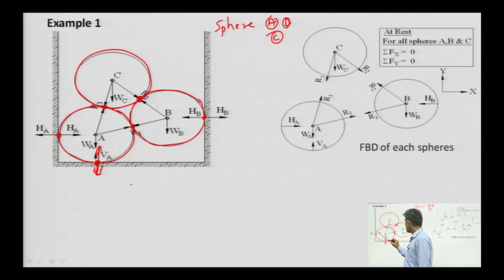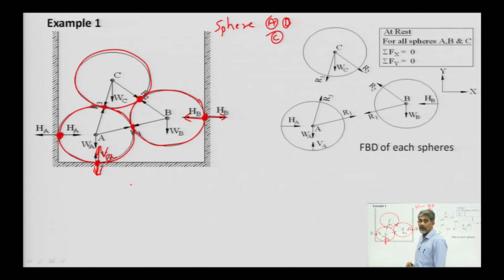If this point is A, then it is V A. In the frame it is downward, in the sphere it is perpendicular upward, according to Newton's third law. At this point also there is H A, horizontal, while this one is vertical, that is why it is V A. Here in sphere C it is horizontal thrust.